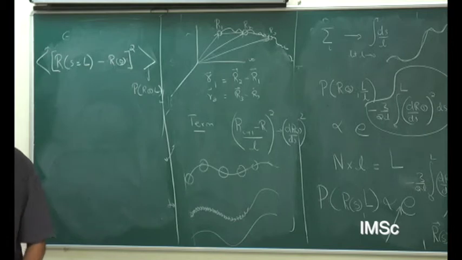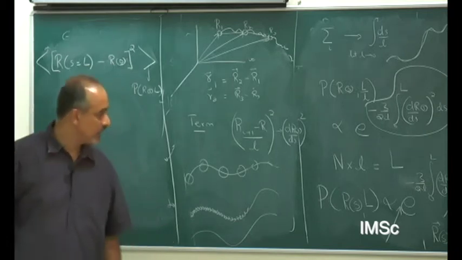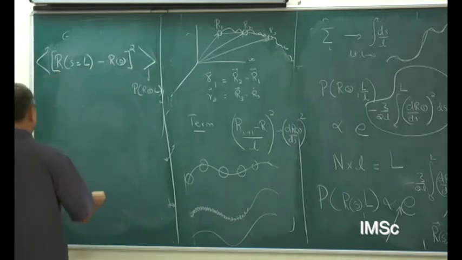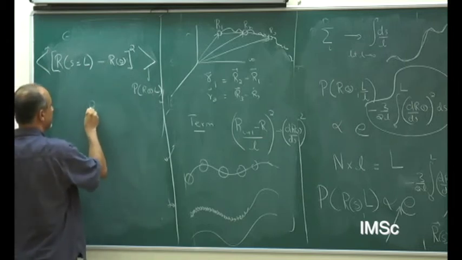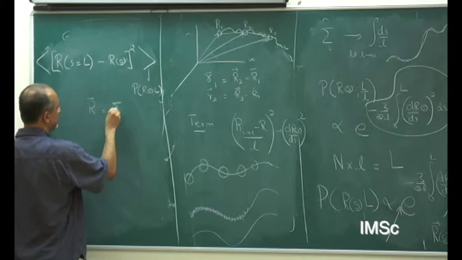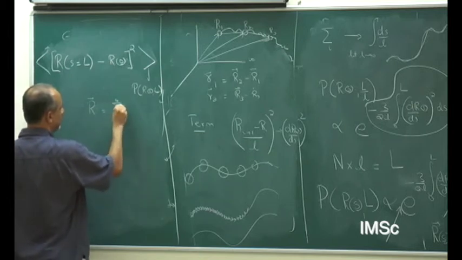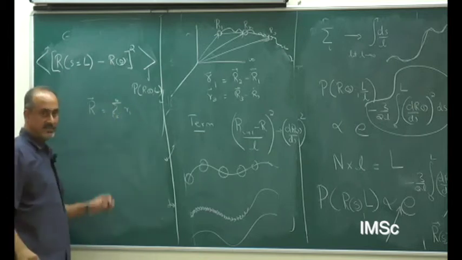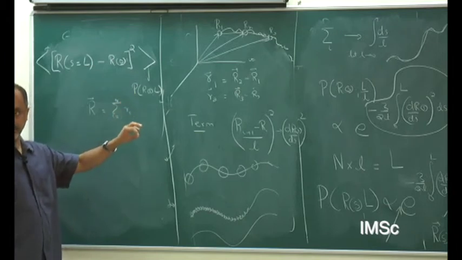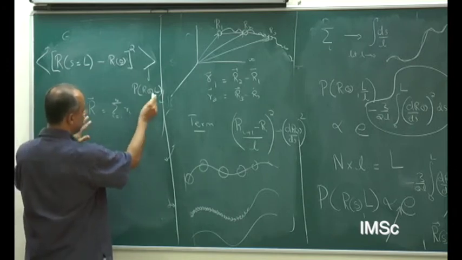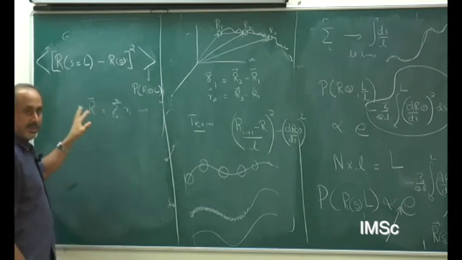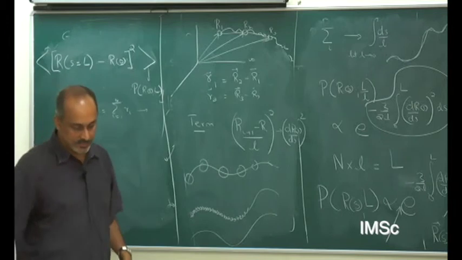So if we do this, and I haven't done this yet, what we would do is find a way of writing this particular quantity R as a sum over i equal to 1 to n of the small Ri, just adding up all of these little vectors along the line to find the total distance that you go from beginning to end. Take this, write it in the continuum relationship, and then calculate this.